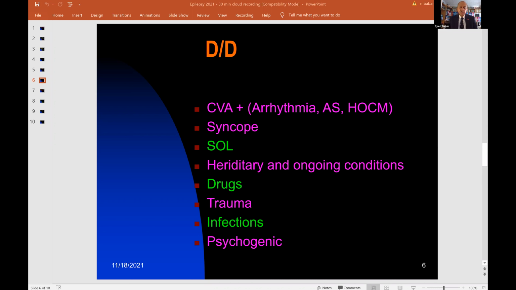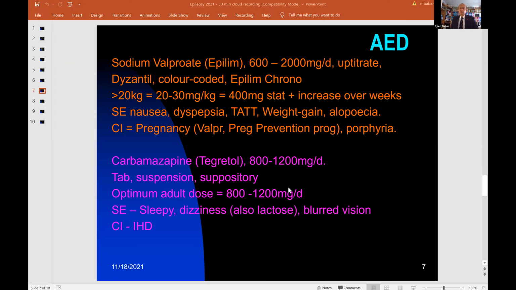Finally, psychogenic conditions such as panic attacks and other manifestations of acute anxiety can produce similar conditions in some ways. So, how do we treat such patients?